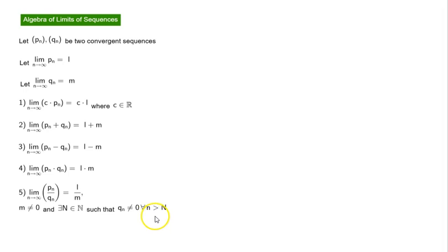So what we require is that Q sub n should not be 0 for sufficiently large n.